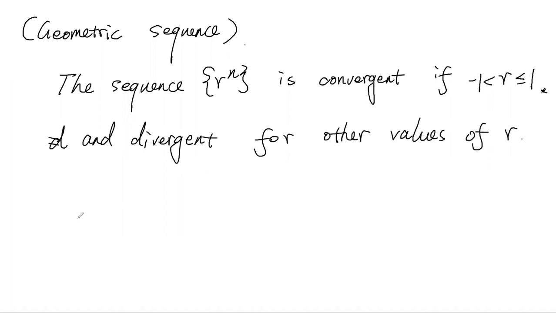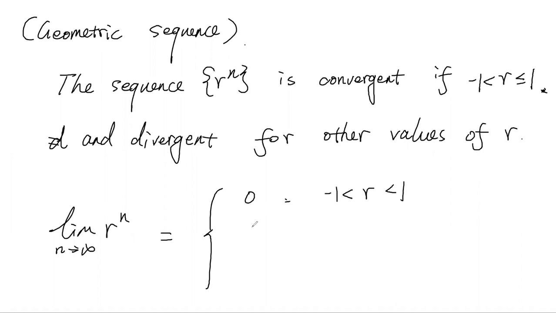And in particular, the limit as n goes to infinity of this sequence is equal to 0 if r is between 1 and -1, equal to 1 if r is equal to 1, and divergent for other values of r.